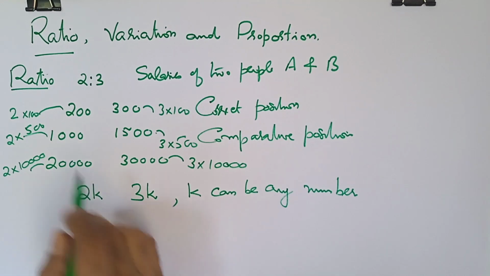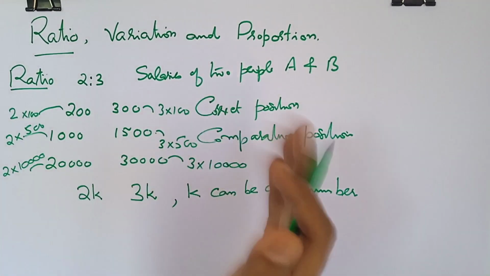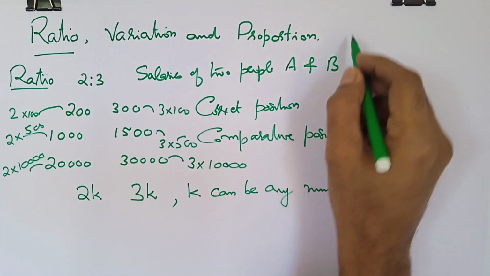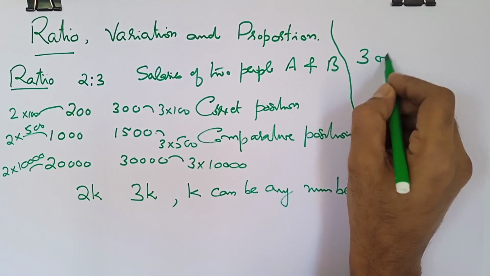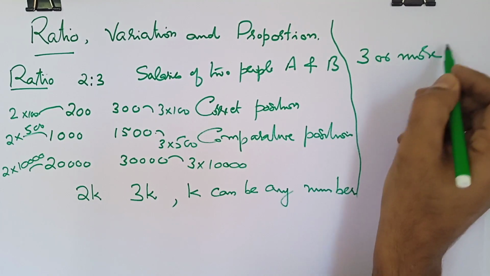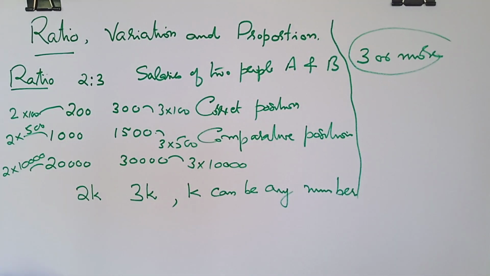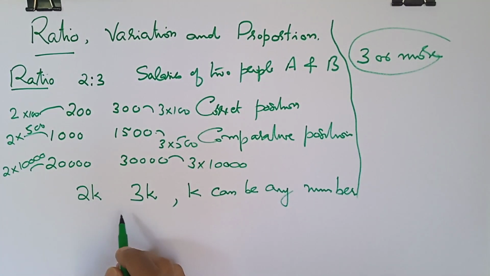Now in this case, I have compared two comparable quantities. You can do comparison for even more than that. You can have three quantities or even more for comparison. Now, as you can see, K can be any number.